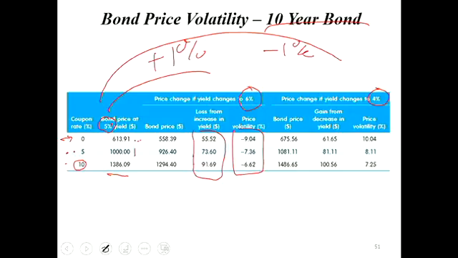Now what you see is that these are not symmetrical. So if you just compare this one here, if the yield rises, this thing loses 6.6% of its value, whereas if the yield falls, it gains 7.25% of its value.